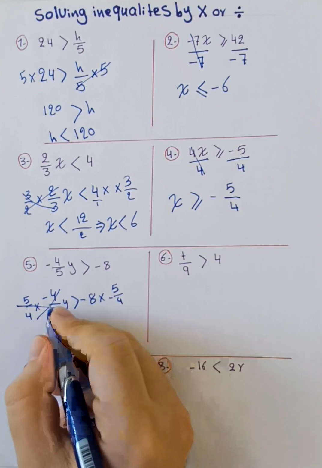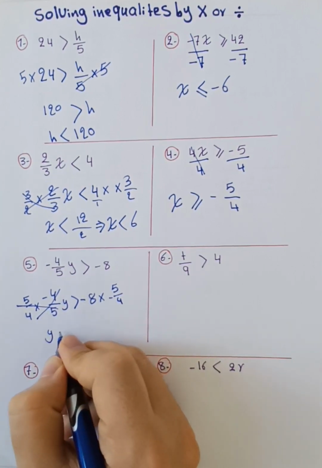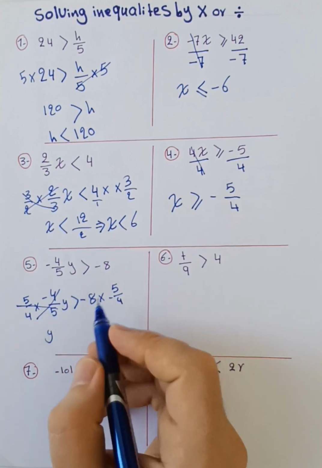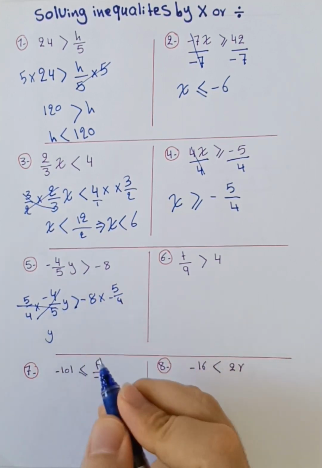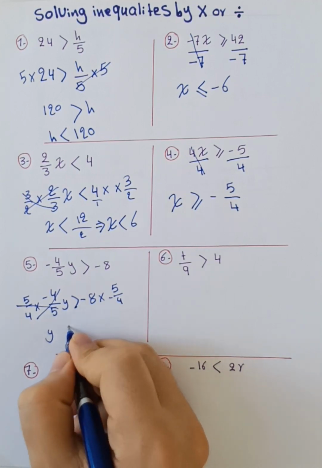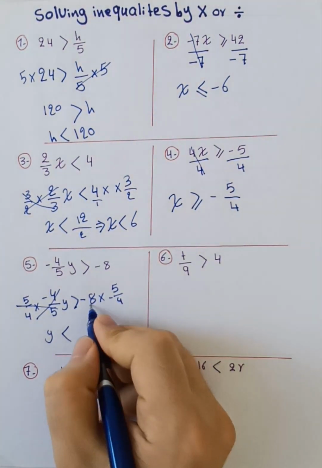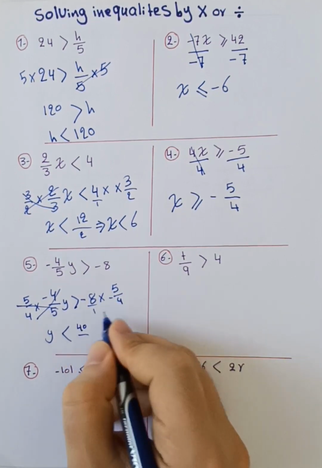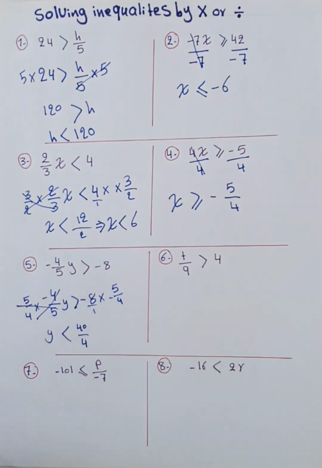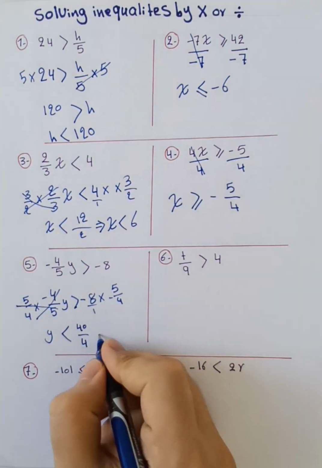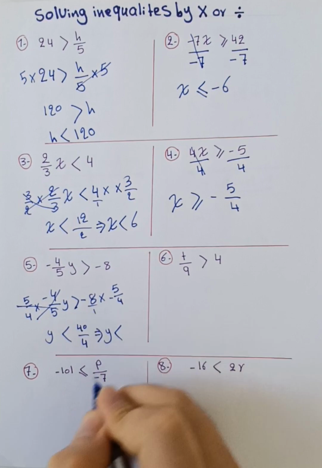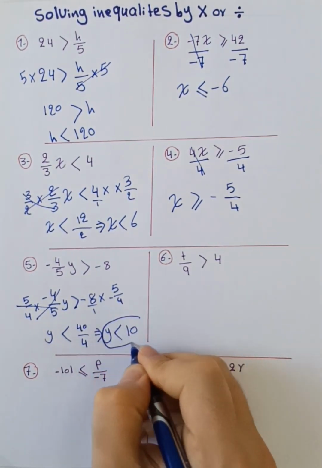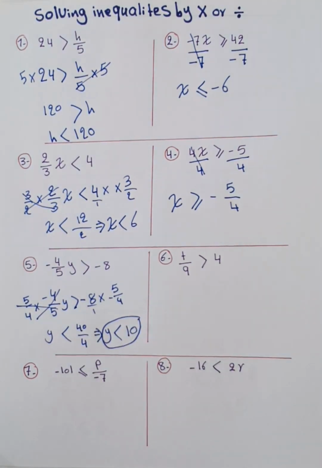These two terms are reduced, y, and then since we multiply this inequality by a negative number, the sign changes to less than, and then you have to multiply these two numbers. 8 times 5 is 40, 1 times 4 is 4, minus times minus is plus, and then y less than 40 divided by 4 is 10, y less than 10.